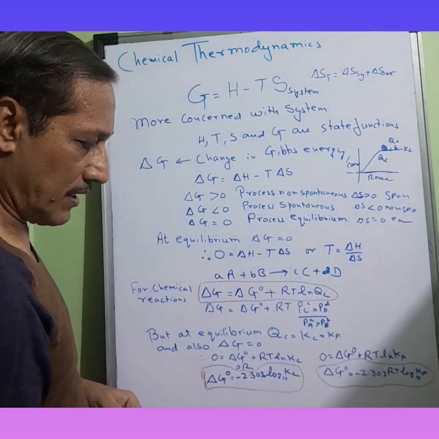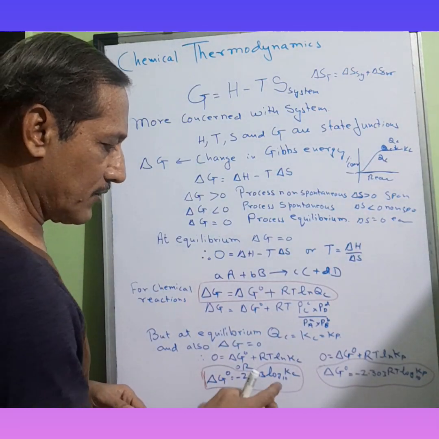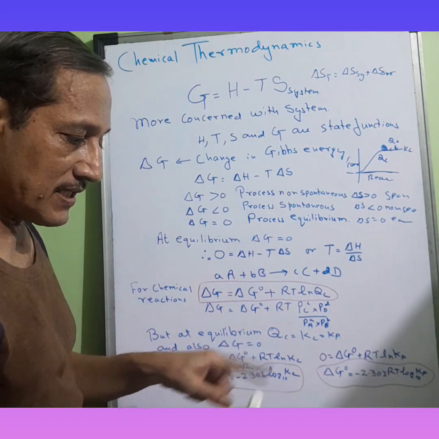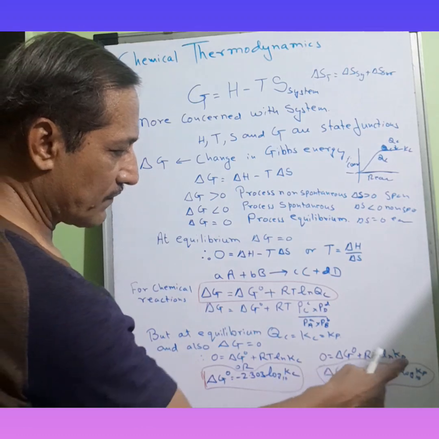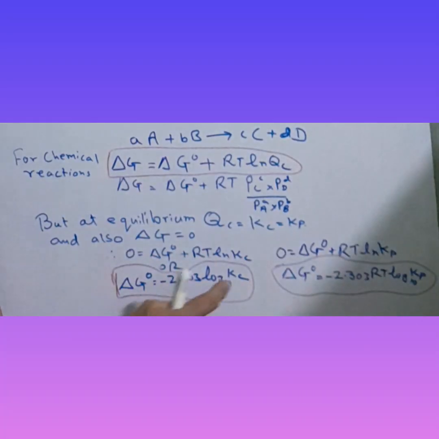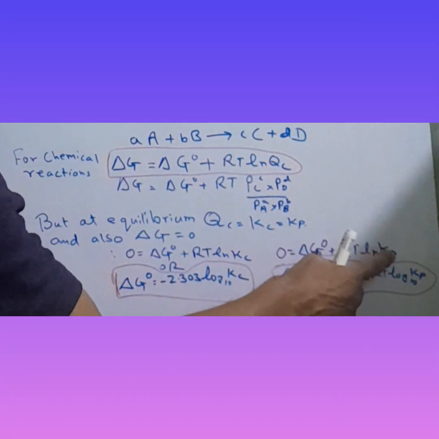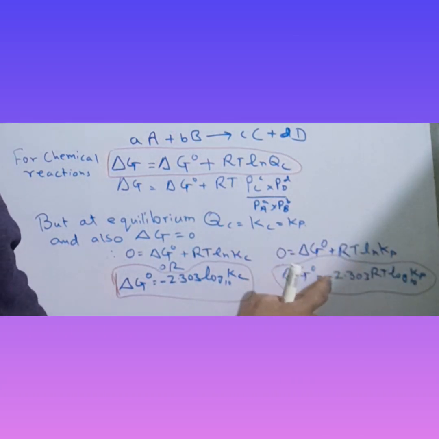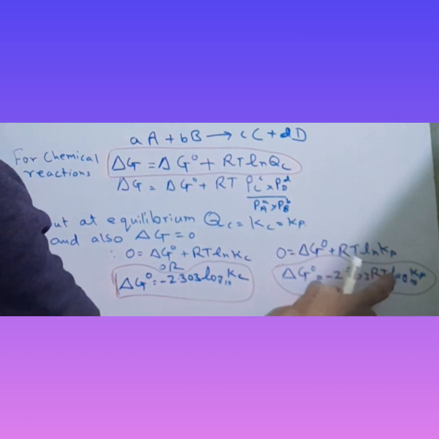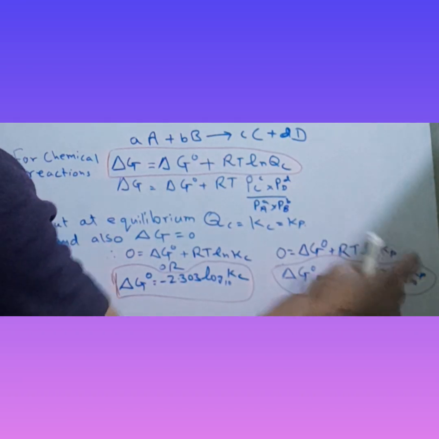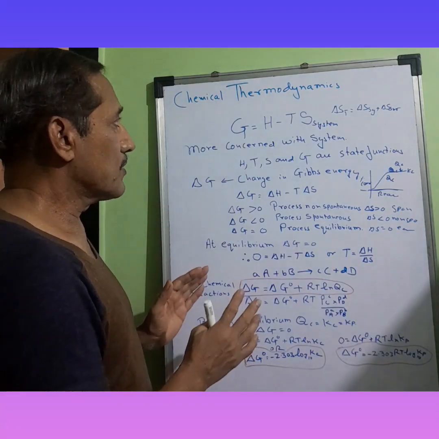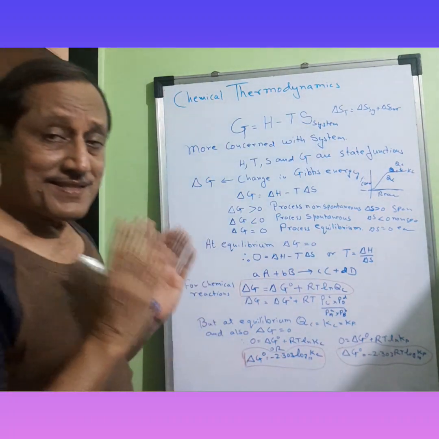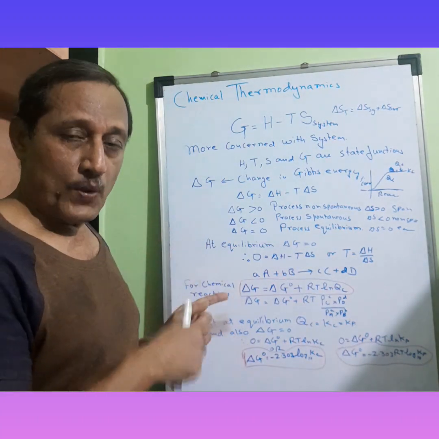I had explained in my other video why we convert ln to log 10. Similarly here, if we are taking it in terms of Kp instead of Kc, it is del G0 equal to minus 2.303 RT log to the base 10 Kp. This is what chemical thermodynamics is all about. It's an important chapter, so please study it well.